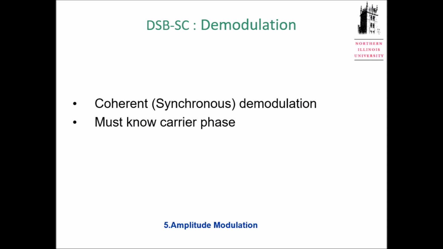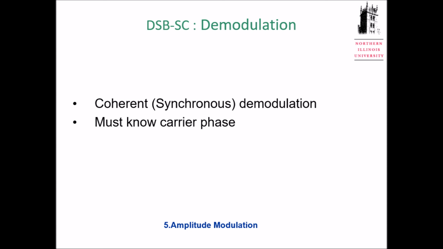The demodulator we use for double sideband suppressed carrier is called coherent demodulation, also called synchronized demodulation. This one is not only used here for double sideband suppressed carrier, but also later in single sideband and the last one, DSB vestigial sideband. To implement this demodulation, we need much more compared with just a diode, a capacitor, and a resistor.